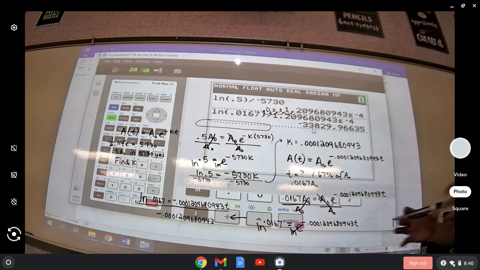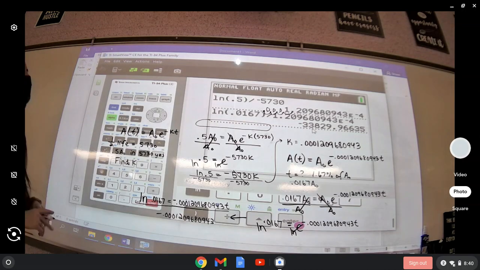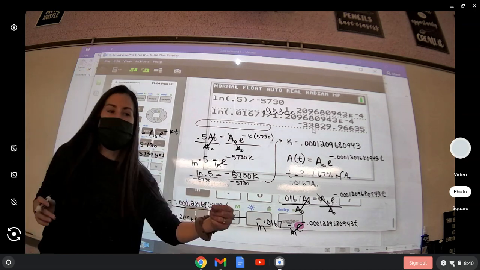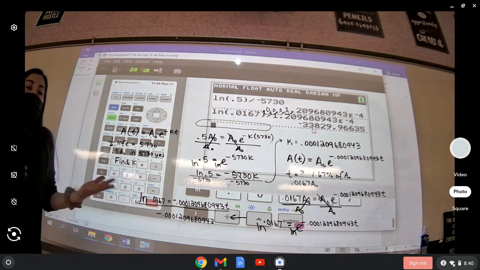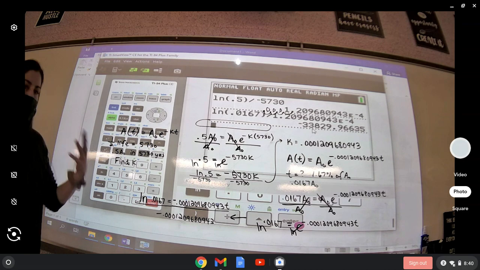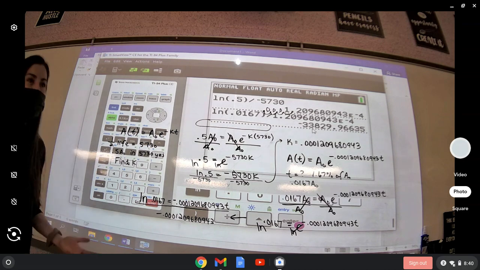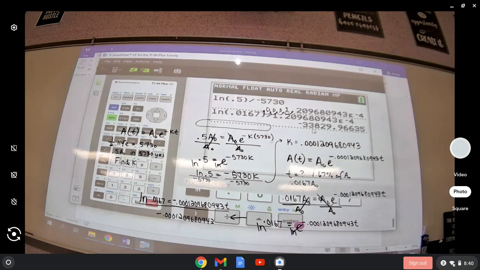Now again, here's the thing though. Because that K was negative, it doesn't matter what you do. You know the age of this item is 33,829 years old, okay? And again, that just goes back to the whole, we speak about it as a positive, we use it as a negative, but the answer is basically telling you 33,829 years ago.